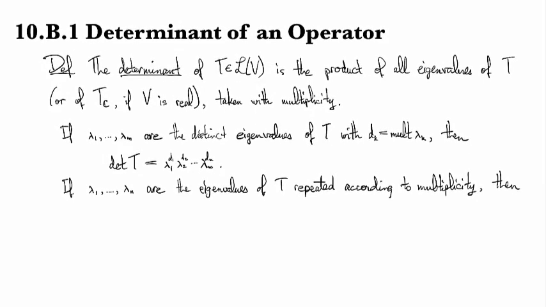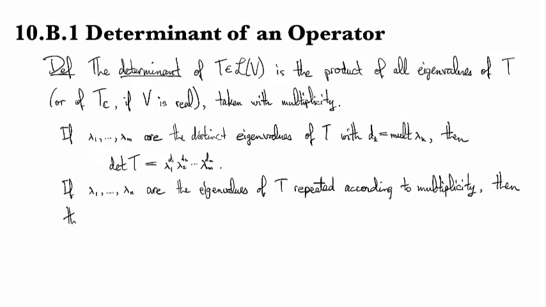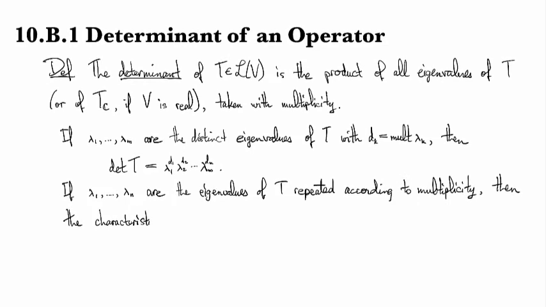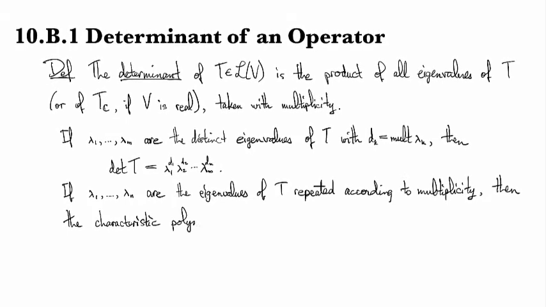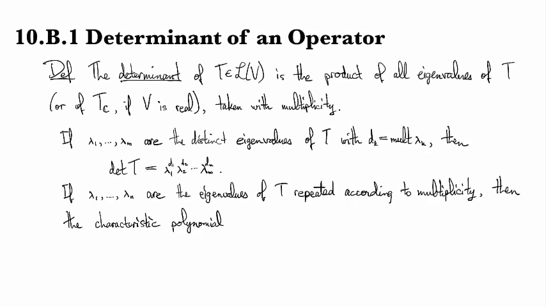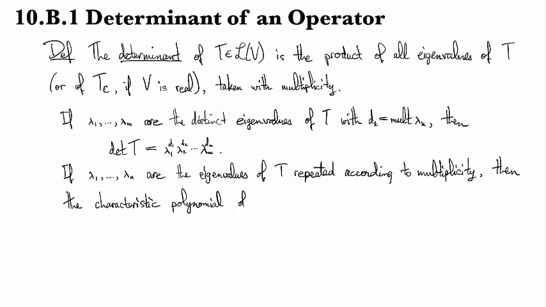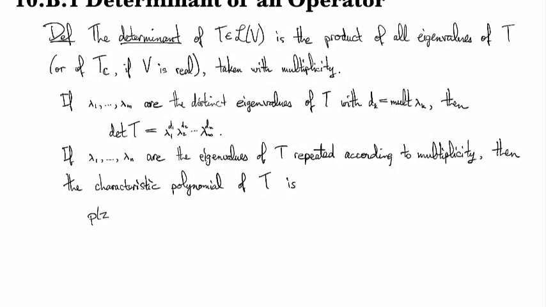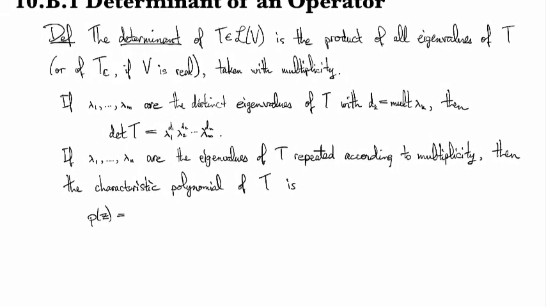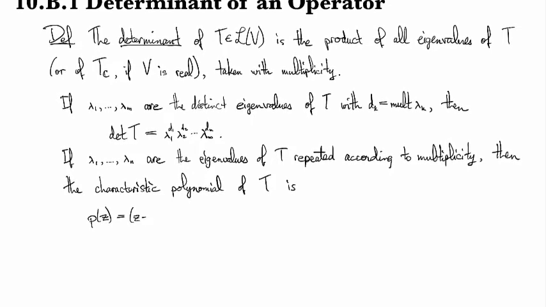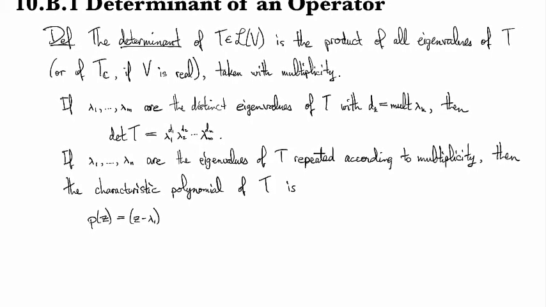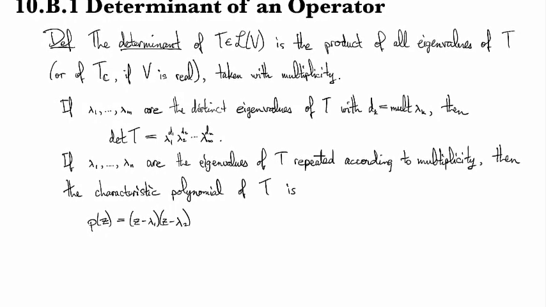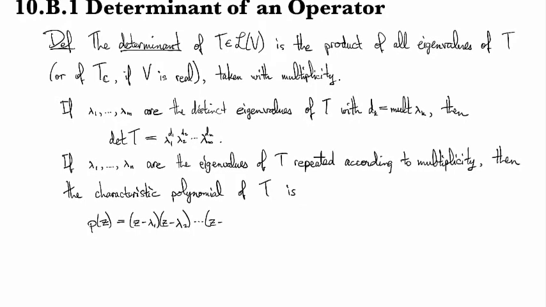Then if we look at the characteristic polynomial, say P of z is equal to, and it factors as z minus lambda 1, z minus lambda 2, all the way up to z minus lambda n.